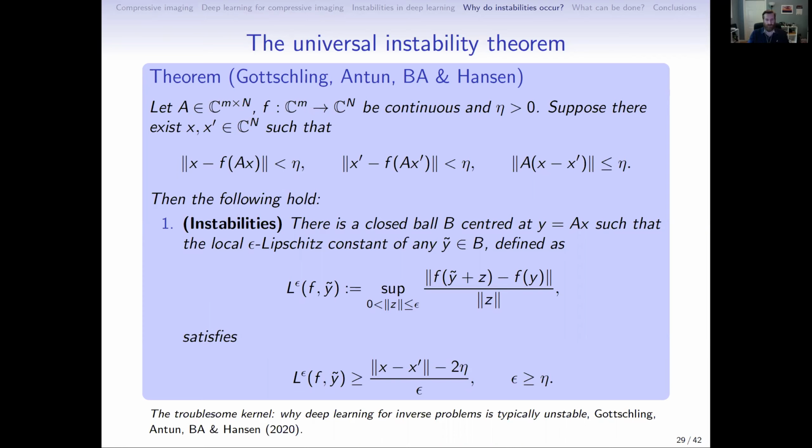The way in which to think about this is to think about what happens as I drive eta to 0. As I train better and better, so I recover x and x prime better and better with my neural network, then my Lipschitz constant is blowing up like 1 over epsilon. So that's showing me that I'm going to become unstable.